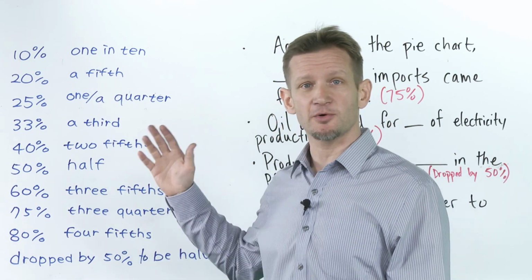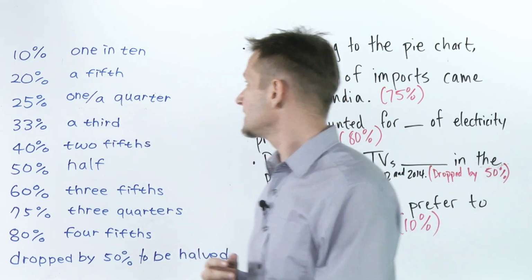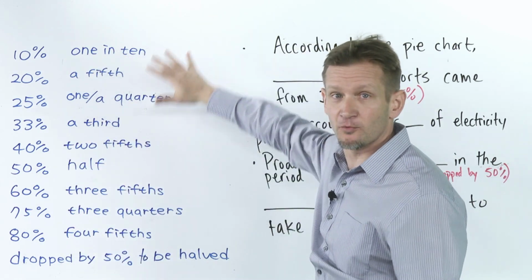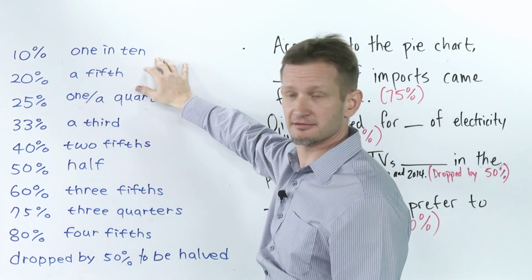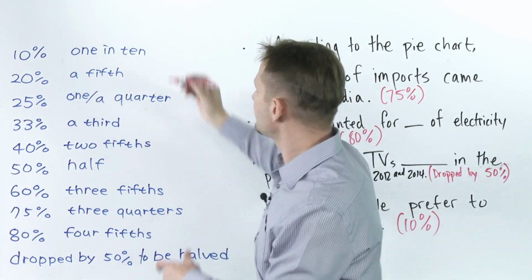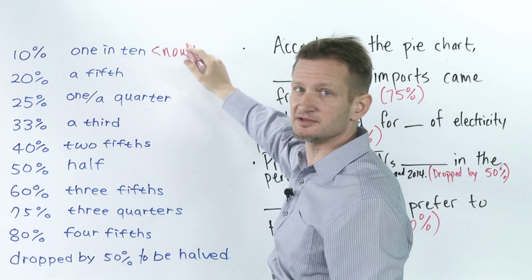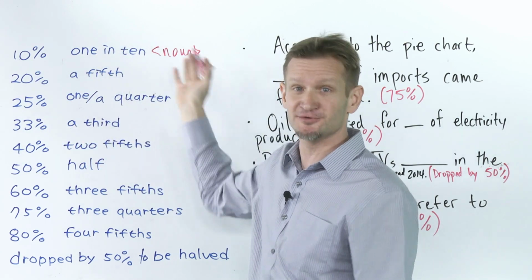So now I want to show you a different way to talk about percentages. Here's the percentage and here's what you would say. So 10%, you can say 1 in 10. And then you need to put a noun right here. 1 in 10 people, 1 in 10 schools, 1 in 10 countries. Now, if it's 20%, you can say 2 in 10.